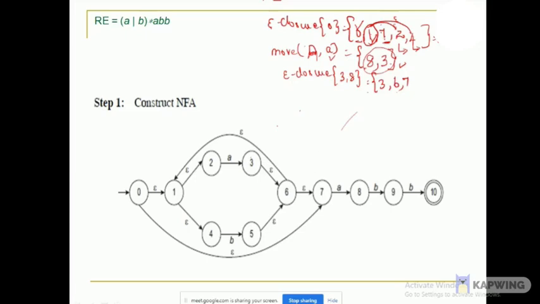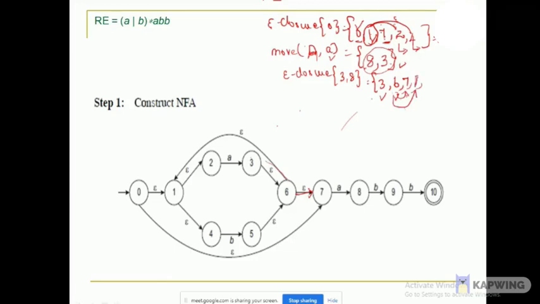So that is added. So 3's transitions are over, 6's transitions are over. Now is there any other transition from 6? There is one more epsilon transition, from 6 to 1. So 1 has to be included. Any other transitions? Nothing. So from 6, there are 2 transitions on epsilon, one to 1 and another to 7.